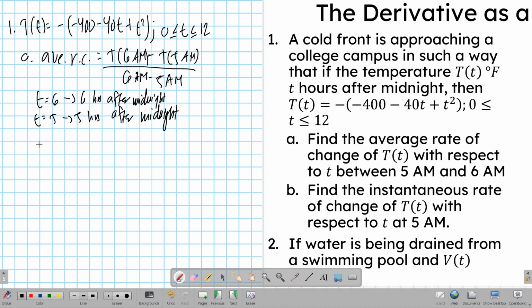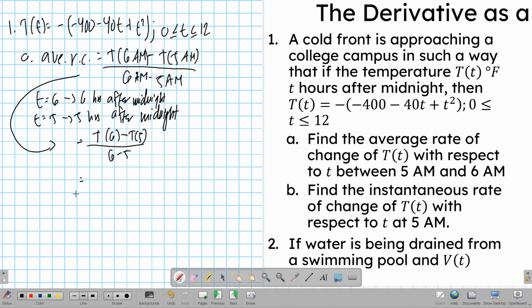So with that in mind, the average rate of change would be t of 6 minus t of 5 all over 6 minus 5, which is technically equal to 1. I'm going to leave how to solve t of 6 and t of 5 to you because it's technically evaluating the function.